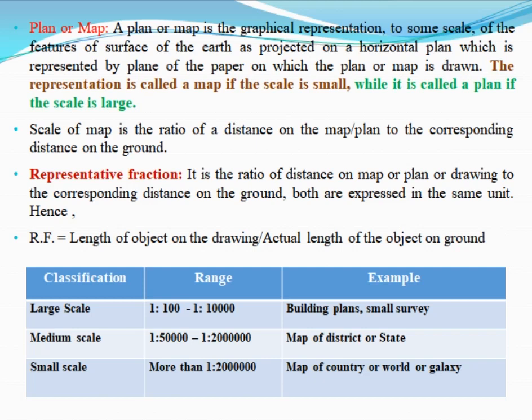So, for example, if 1 centimeter is equal to 10 meters on the ground, RF is 1 by 10. We have to remember that both must have the same unit. So, if you consider 10 meters on the ground as 1 centimeter on your drawing sheet, that is the length of the object on the drawing to the actual length of the object on the ground, and it is the representative fraction.